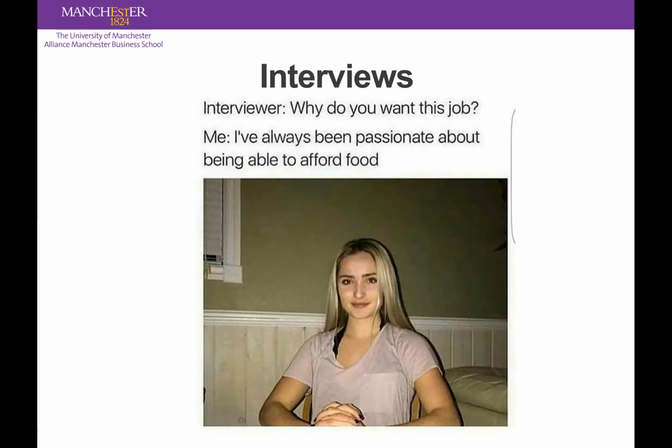And so it's a kind of impression management sometimes. If candidates only say that they've always been passionate about being able to afford food, then of course we can consider, to a large extent, that this candidate cannot be selected.